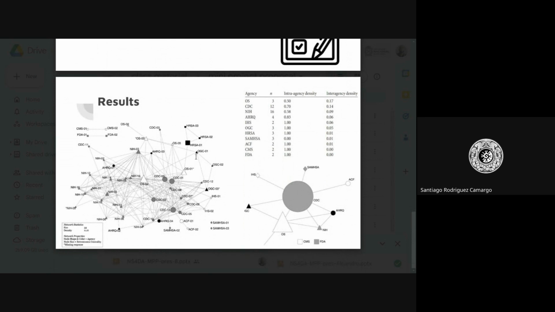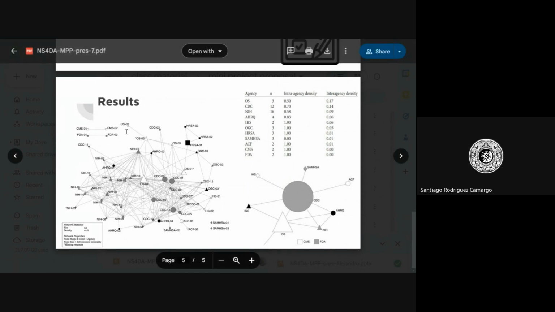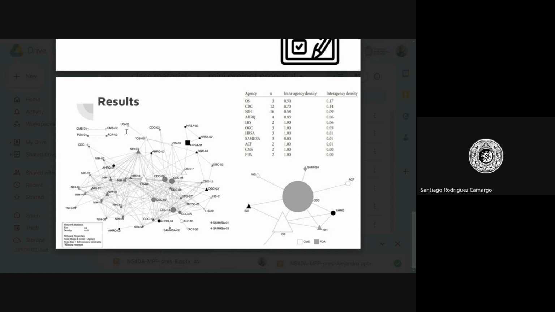Here we have the results, the different networks that they created. These are from the paper. On the left, we have the principal network, in which each node is an individual identified by a number and the agency it is part of, which is also reflected in the shape and color of the node. The size of each node is the betweenness centrality calculated for each node.